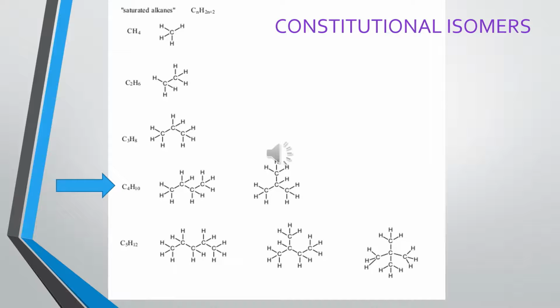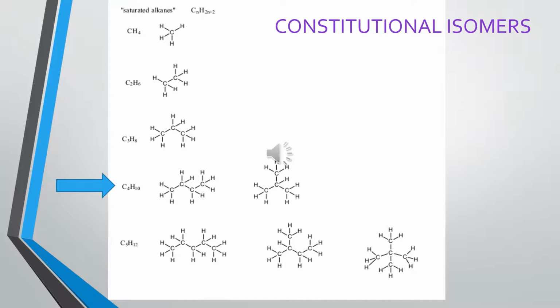But what I've also listed here are their constitutional isomers. Now notice that for the first three of these, methane, ethane, and propane, there are no constitutional isomers, right? There's only one way to connect, say for propane, 3 carbons and 8 hydrogens, and that's it right there, right?